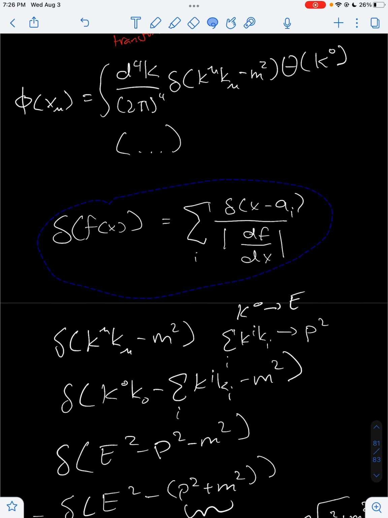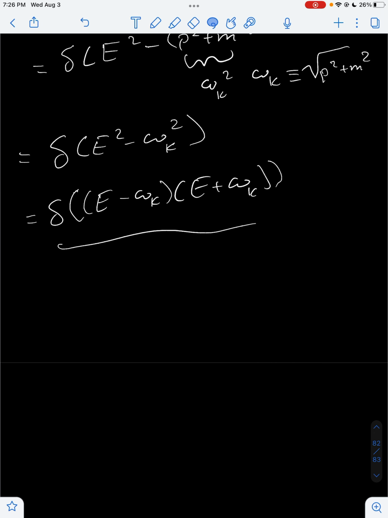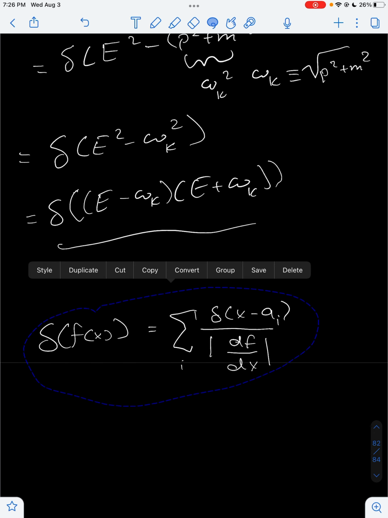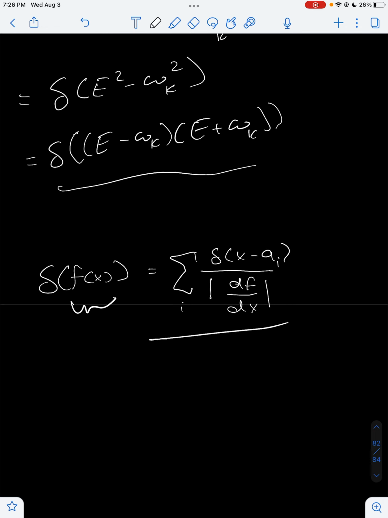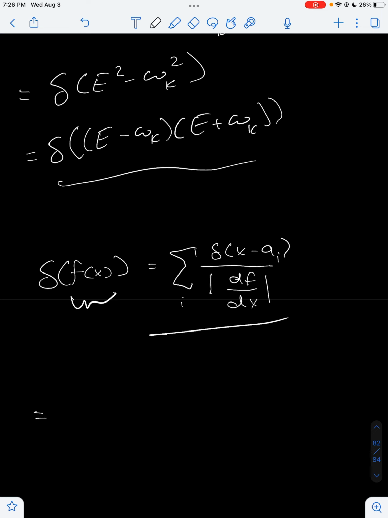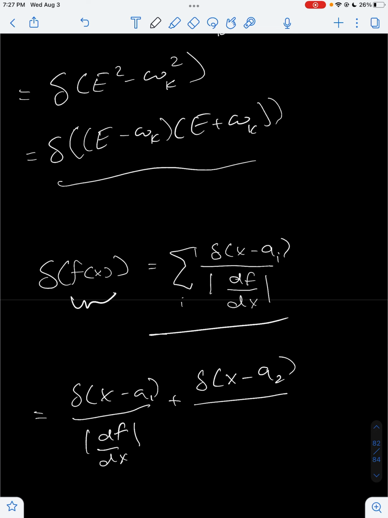Now we can start using him over here. Let's copy that, let's paste that. So this just tells us that the delta function of f of x is this guy over here. So this is a sum, right? So this is going to be equal to delta x minus a, where a is just some constant, over the absolute value of the derivative of f with respect to x, then plus, here's a1, to make it a bit more clear, then plus delta of x minus a2 over df over dx.